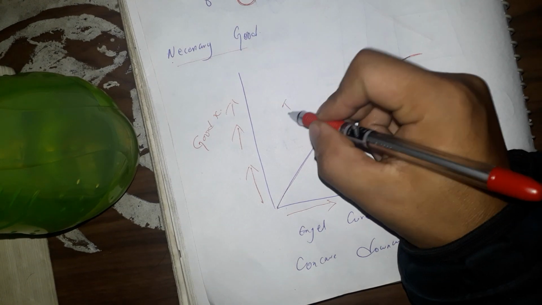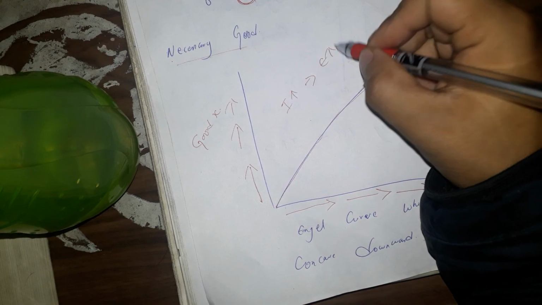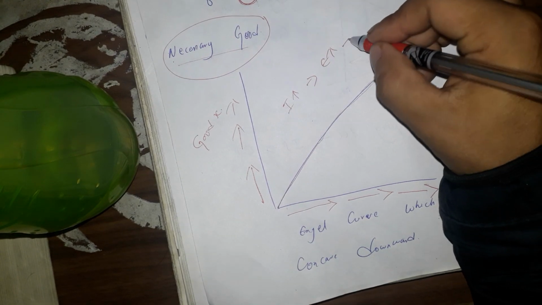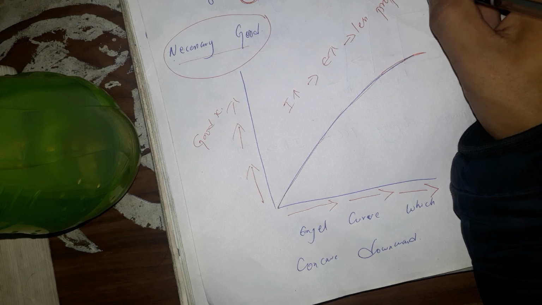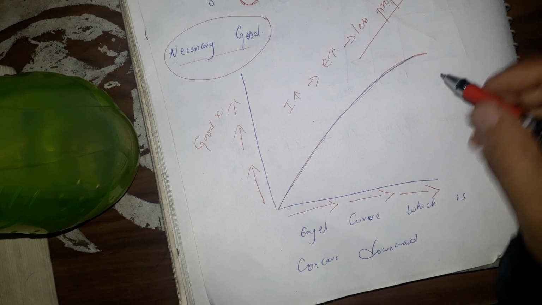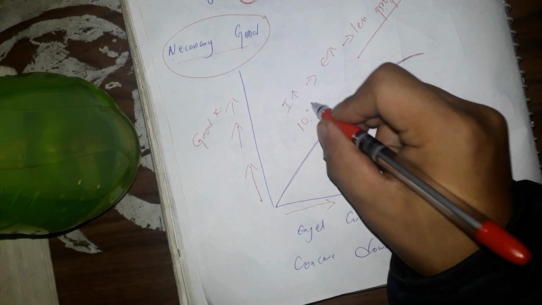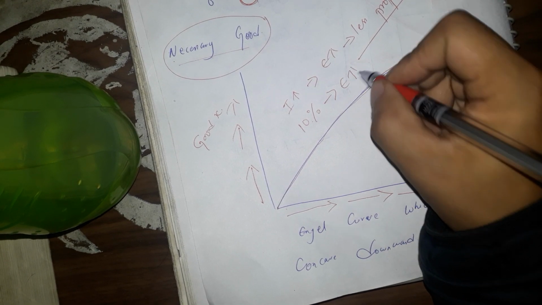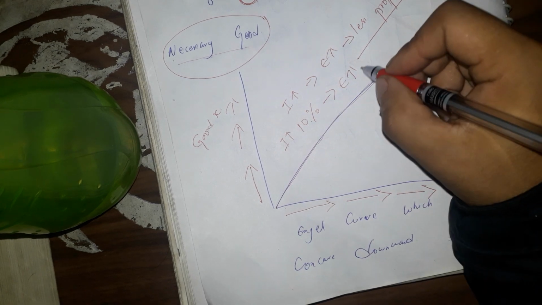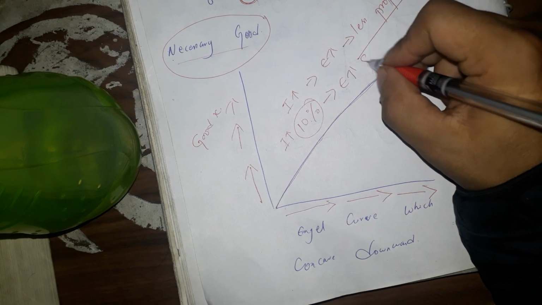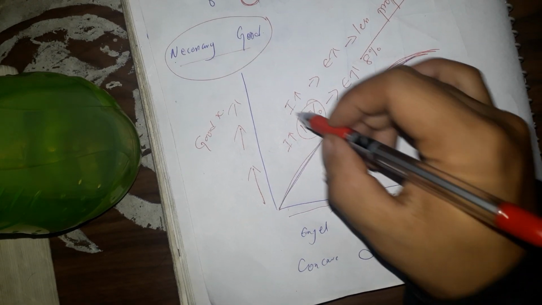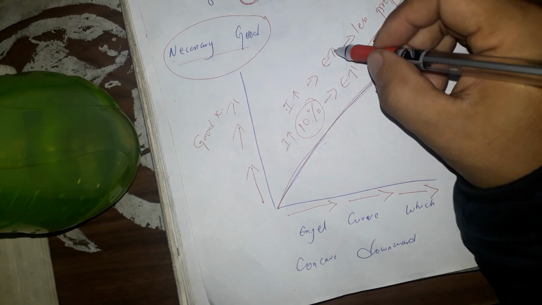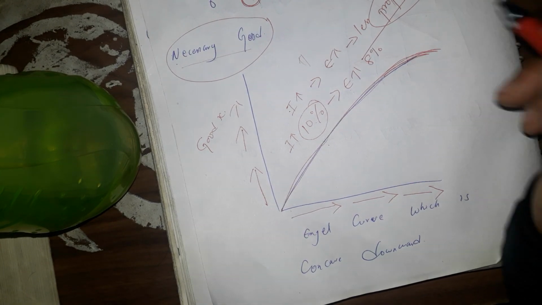But in the case of necessary goods, income and expenditure increase less than proportionately. If income is increasing by 10%, expenditure will also increase, but by less than the increase in income, let us assume 8%. That is why our Engel curve is somewhat concave. In this section, income and expenditure move in the same direction but with different proportions.